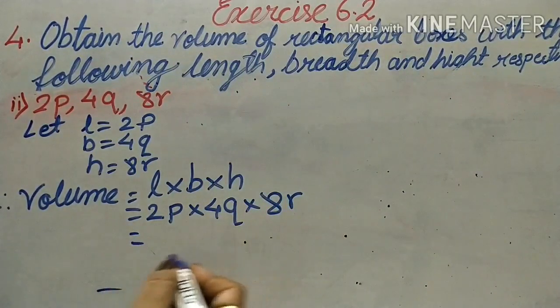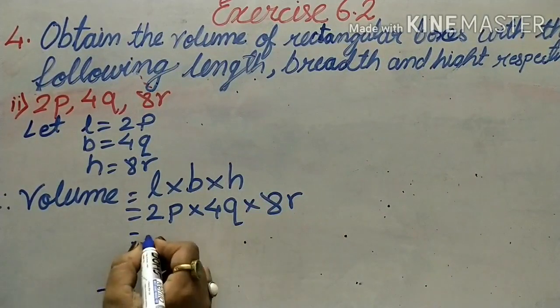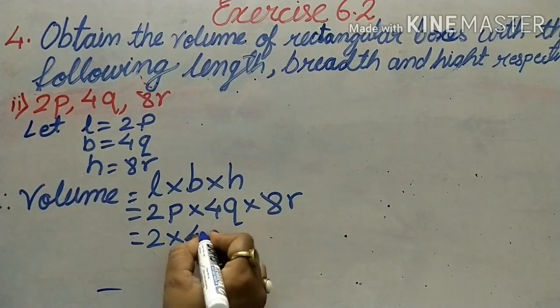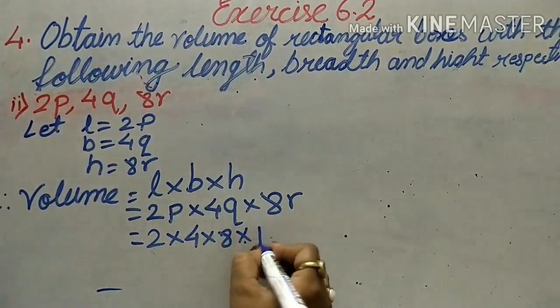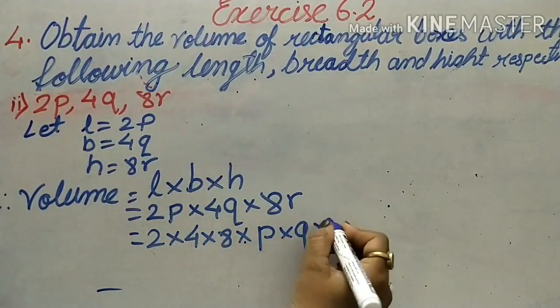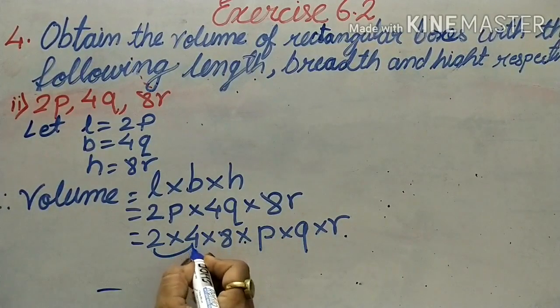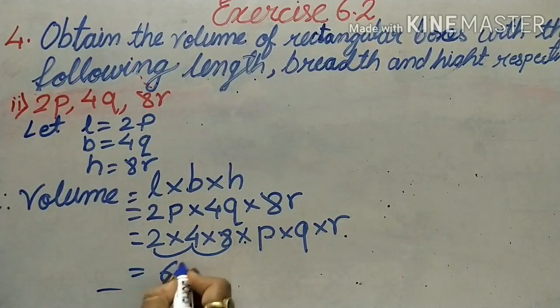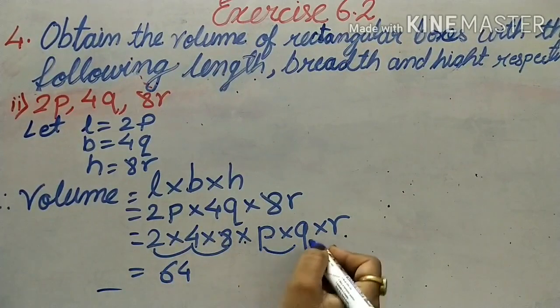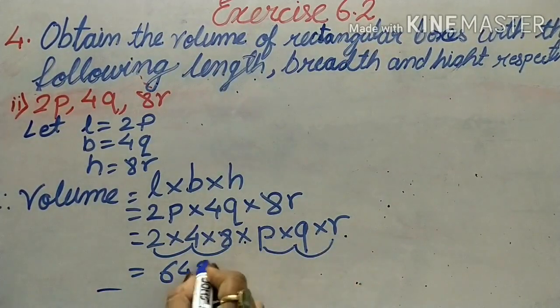Next we'll write all numerical coefficient one side, means 2 into 4 into 8 into p into q into r. Now multiply. 2 4s are 8, 8 8s are 64. Now p into q, pq, pq into r, pqr.